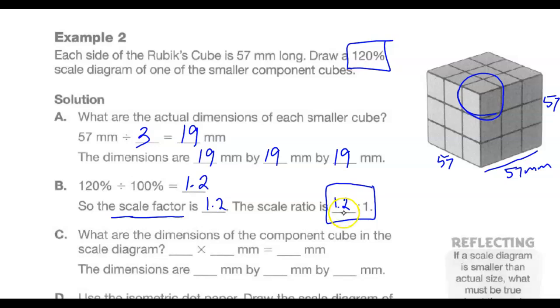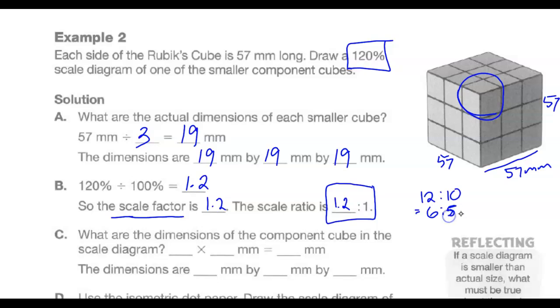Now, typically we don't show ratios with decimals, but when it's a scale, we like to have one of the terms being 1. So often we'll leave it as 1.2. You might see this somewhere though. If we get rid of that decimal, if we multiply both sides by 10, that would be 12 to 10, which is equal to 6 to 5.